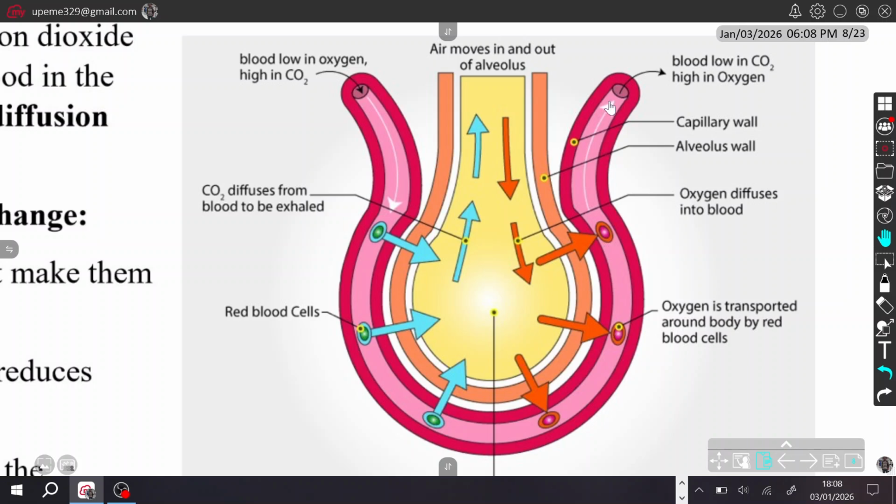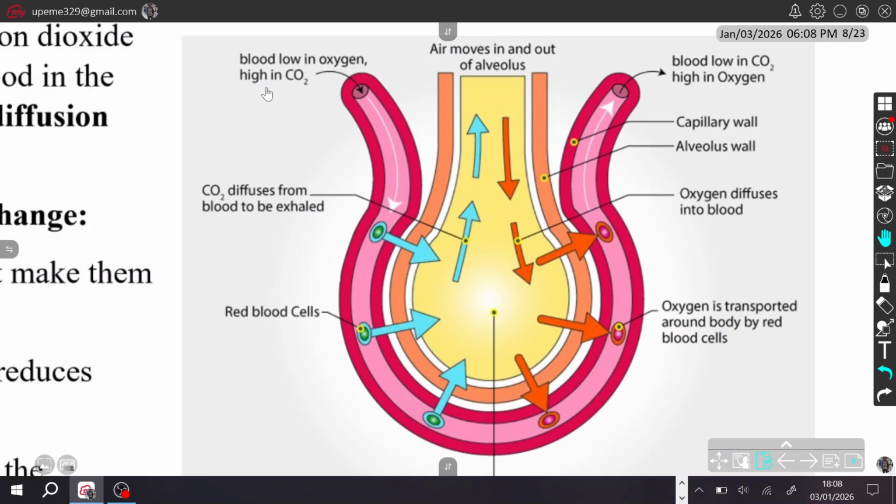And in this blood, especially this side here, there is a high concentration of carbon dioxide. So carbon dioxide is more in the blood than in the alveoli. Therefore, it is also going to diffuse from the blood into the alveoli so that it is breathed out.